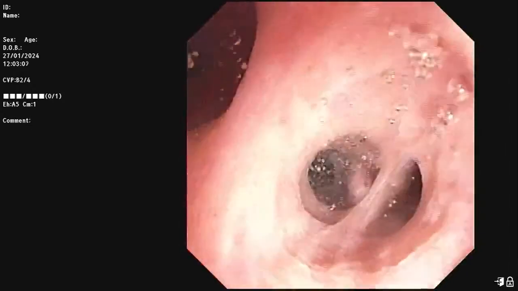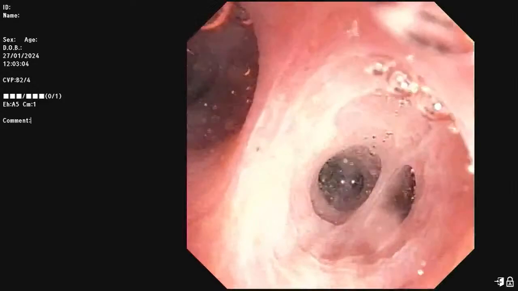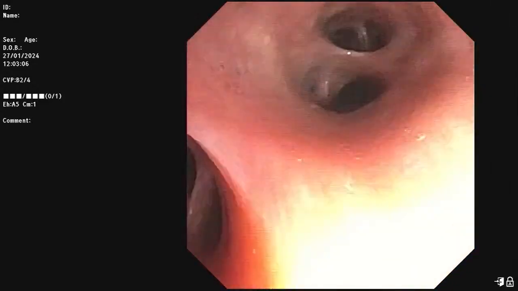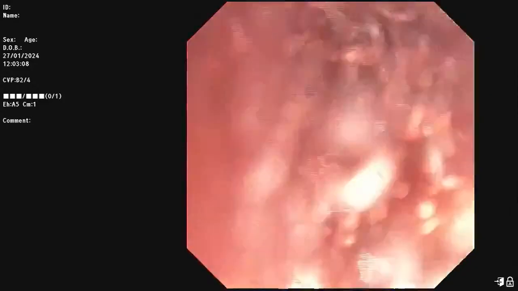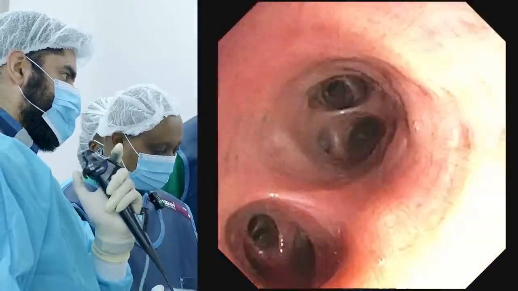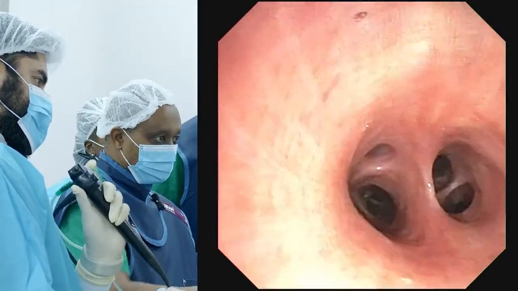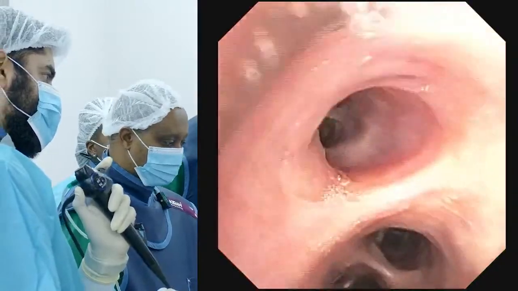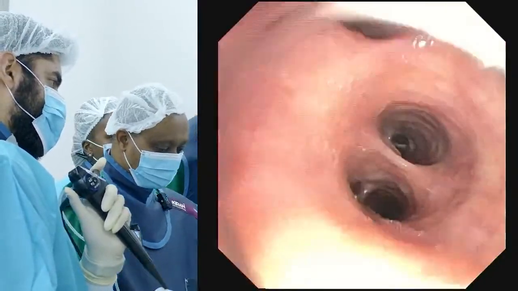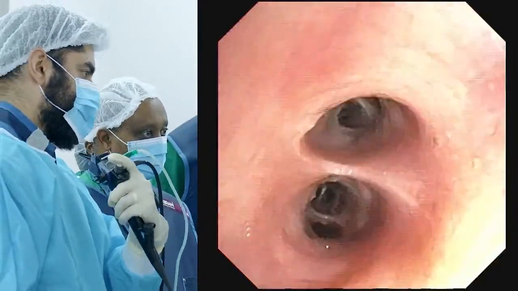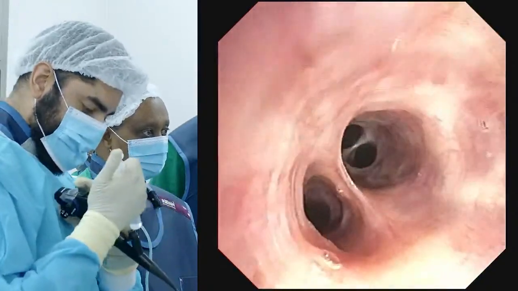Superior segment. Yeah. Basal segment, left lower lobe. Nothing in columnar, nothing in columnar, nothing in columnar. Quite good. Yeah, quite clean actually.